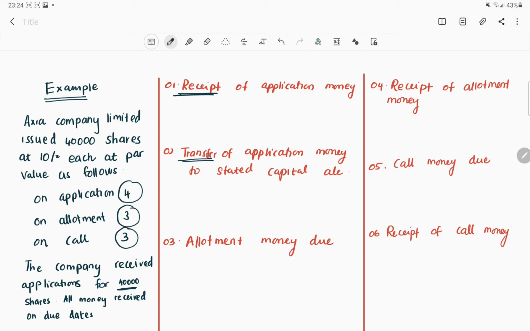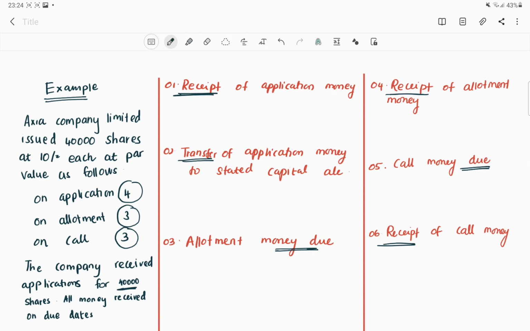On allotment also you are getting 2 entries, but the first entry should relate to the money due, or the transfer of the amount to the stated capital account, and then only you are recording the receipt of allotment money. Thirdly, on the call account also, first of all, you are recording the amount that you're sending to the stated capital account, and then only you are recording the money that you're receiving on the call.